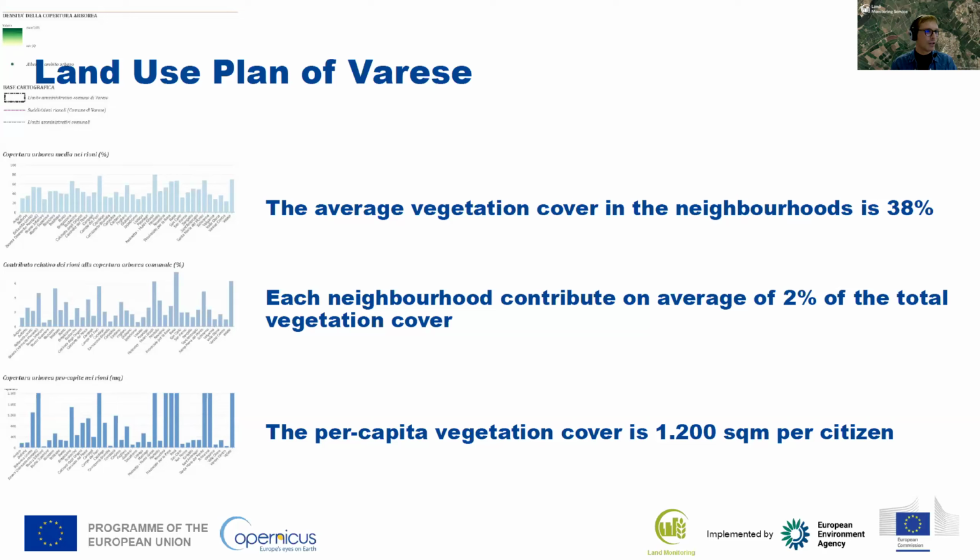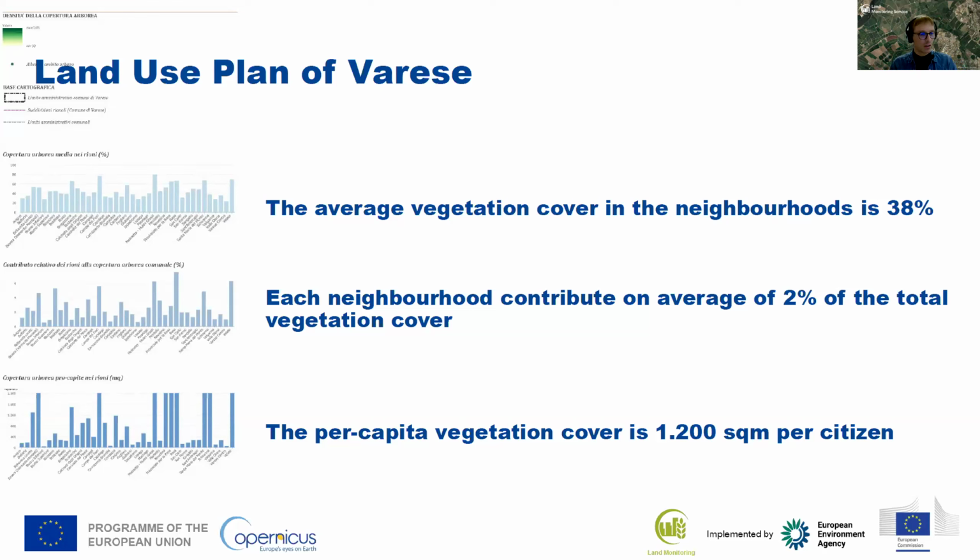We made an average quantity of tree cover density for each neighborhood, and we discovered that the average tree cover density is 38%. We also classified the contribution of each single neighborhood in order to say, in the next land use plan, which neighborhoods need to be treated with more planting of trees, or by creating more ecological corridors and permeable space.